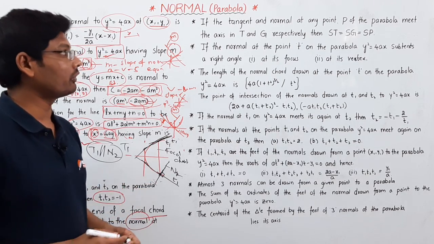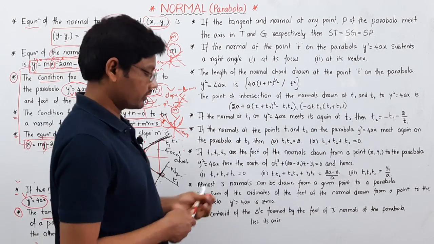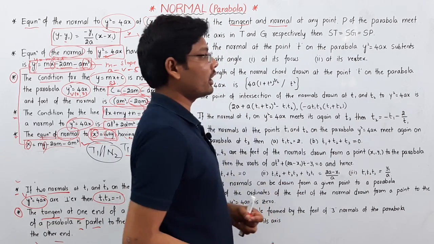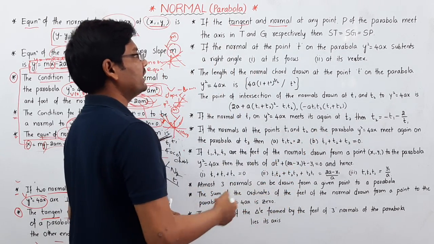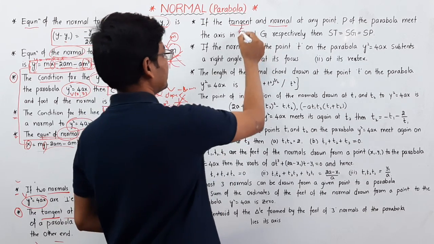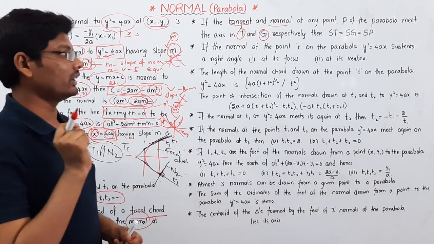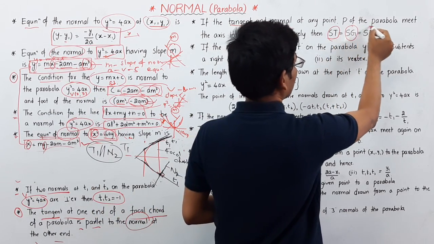And the next point on the right hand side: if the tangent and the normal at any point P of a parabola meet the axis at T and G respectively, then ST is equal to SG is equal to SP.